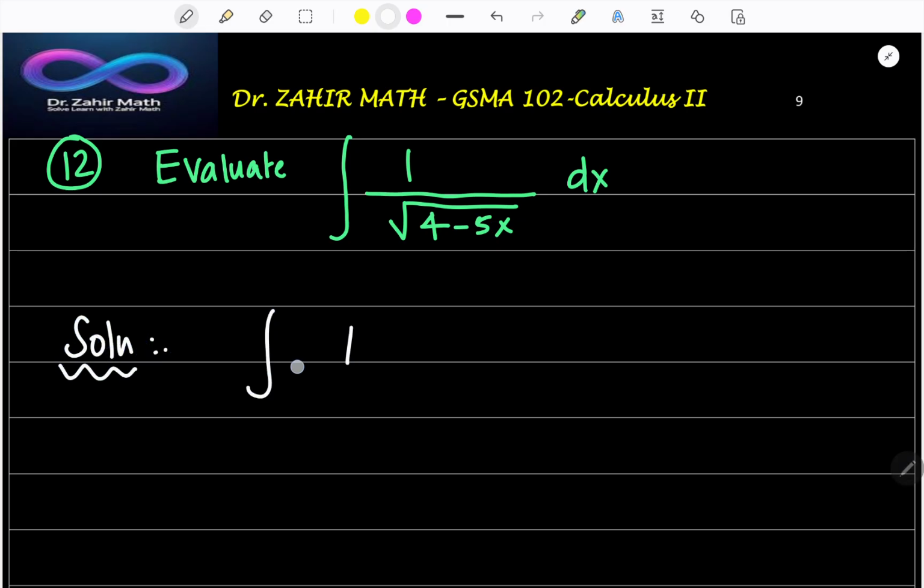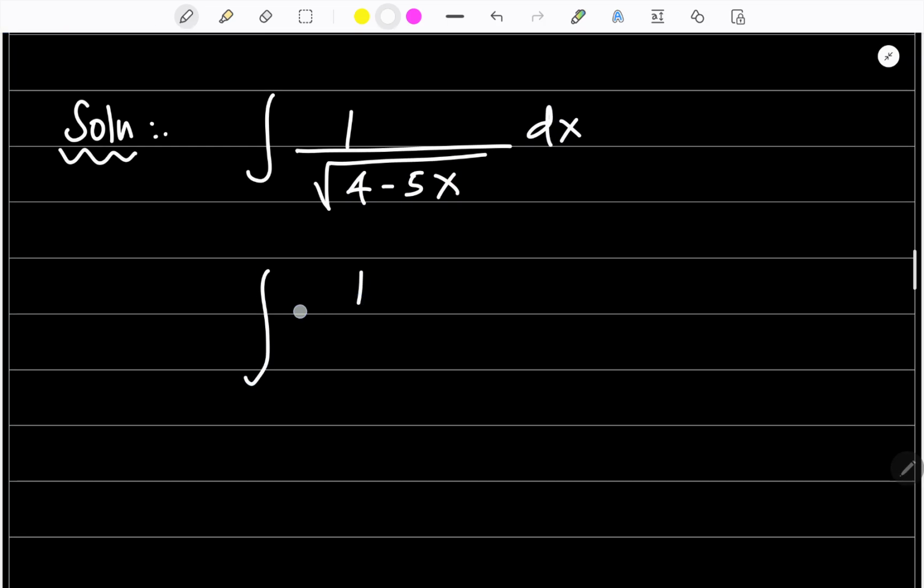So the integral of 1 divided by square root of 4 minus 5x times dx. This can be written as, okay, let me write one more step for you, which is easy for you. So I can write it as 1 divided by 4 minus 5x to the power of 1 by 2 dx.